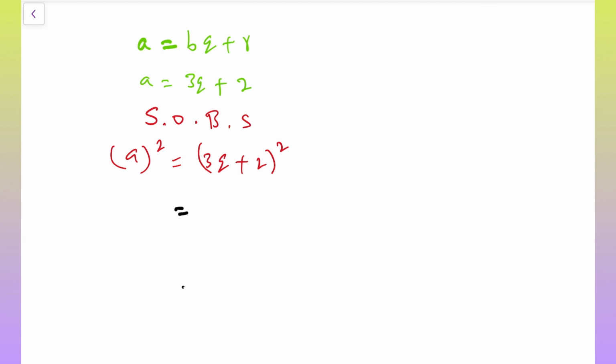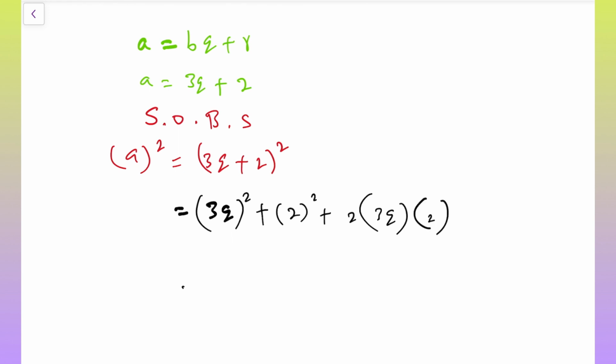Again it is in the form of a plus b whole square. So if we expand it, a square plus b square plus 2ab. 3q whole square, 9q square, plus 2 square, 4, plus 2 threes are 6, 6 twos are 12q.